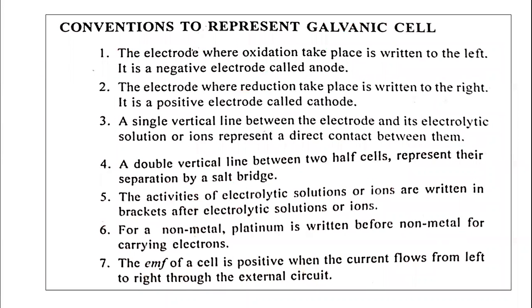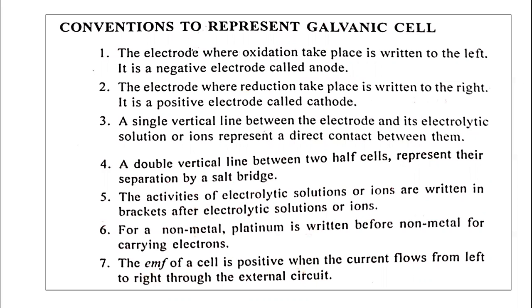Now let us discuss the conventions to represent the galvanic cell. How to represent the galvanic cell? As we know now, the chemical energy is converted into electrical energy in the galvanic cell or electrochemical cell. To construct the electrochemical cell, we require two electrodes or two half cells. Without electrodes, we cannot construct the cell.